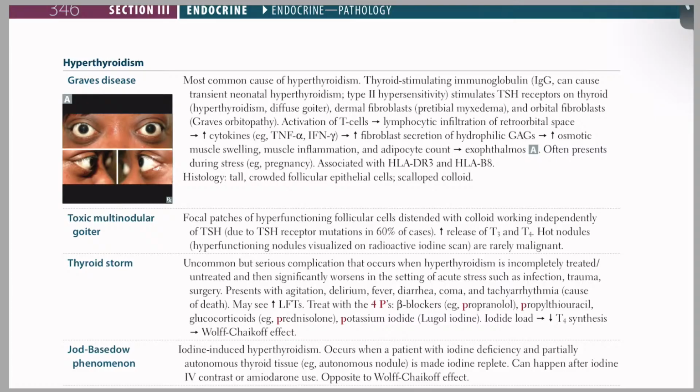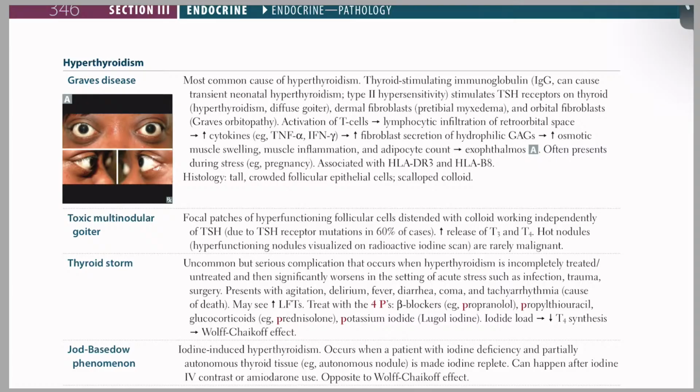Next is toxic multinodular goiter. Focal patches of hyperfunctioning follicular cells distended with colloid working independently of TSH, due to TSH receptor mutation in 60% of cases, increased release of T3 and T4.